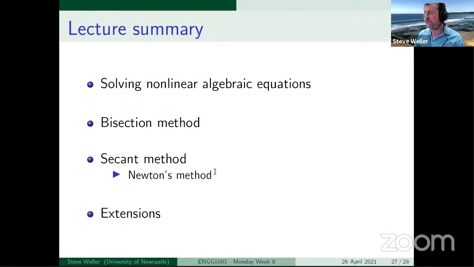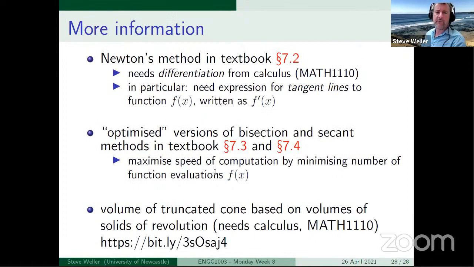And we've seen some extensions, writing the solution methods as functions and also timing of the code. If you want some more information, the treatment of Newton's method in the textbook is particularly good in terms of implementation in Python. I've included it here as more information because it is beyond the immediate scope of this course.